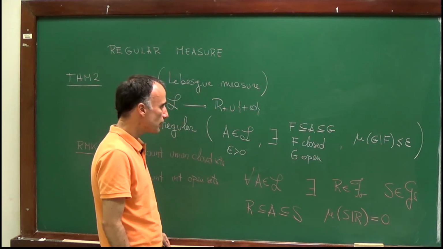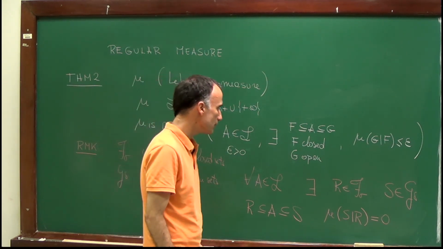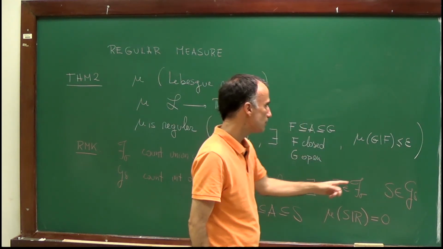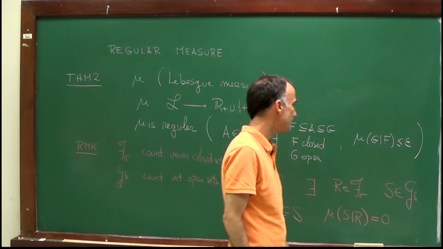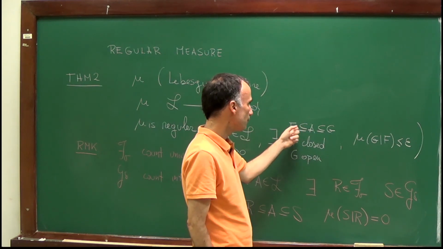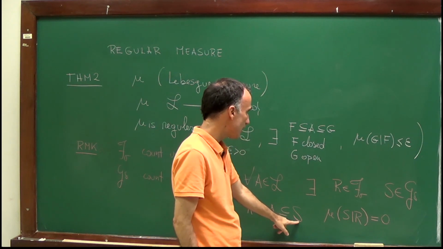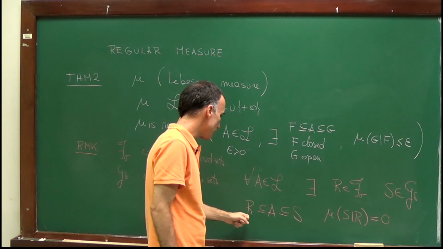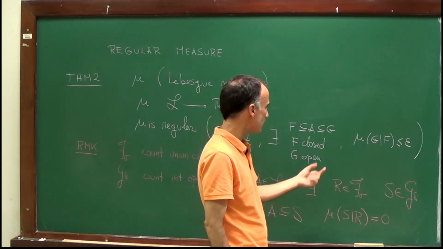And how do we do that? Well, we use this argument many times here. We know that for any epsilon we can find open and closed sets. So now take a sequence of epsilons, say epsilon equal to 1 over n. For each n you find an open set Gn and a closed set Fn. Take the intersection of the Gn and call that set S. Take the union of the sets Fn and call that R. So R is certainly an F sigma, it's the union of closed sets.